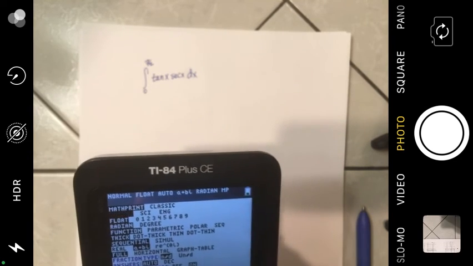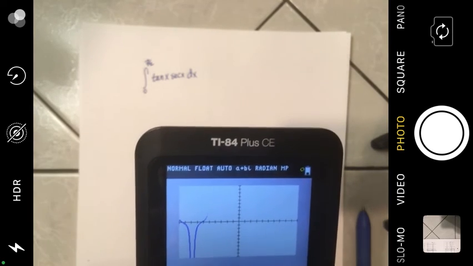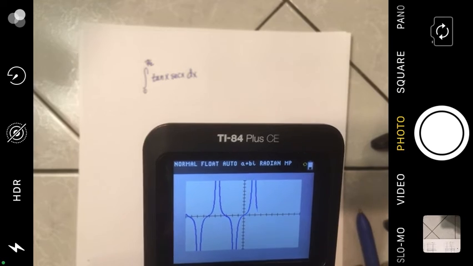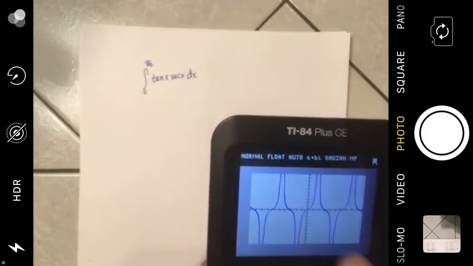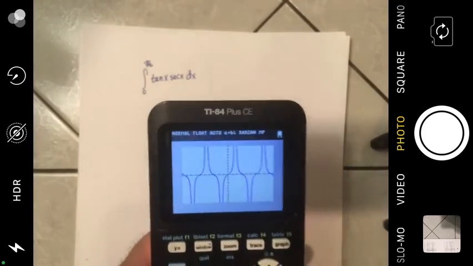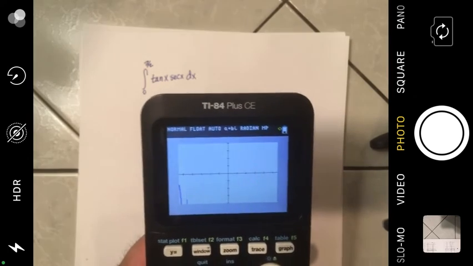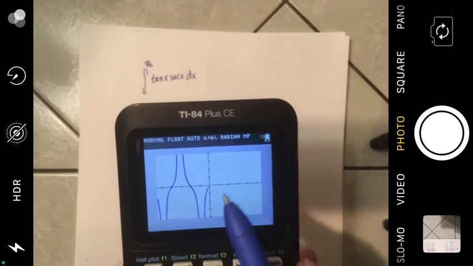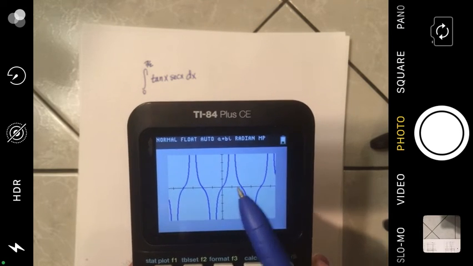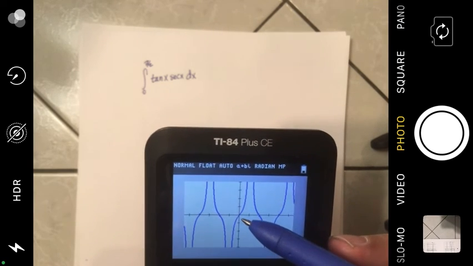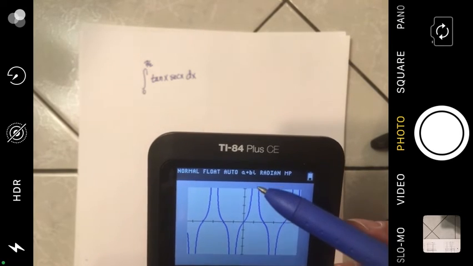Okay, graph. So now I'm trying to find the area between 0 and pi over 2. So let's go zoom trig. So now that's pi right there, and that's pi over 2. So we're looking for the area between here and there, and that goes up to infinity.